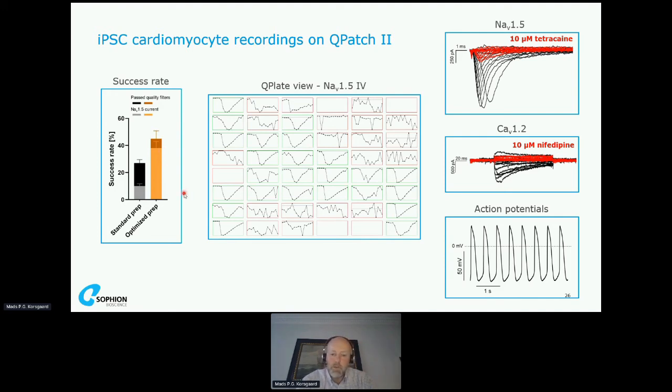So we continue to work on this. We are proud of these results, and we hope that you will also enjoy them. And we are even so lucky sometimes that in current clamp we can see action potentials from some of these cardiomyocytes, and that's really thrilling.